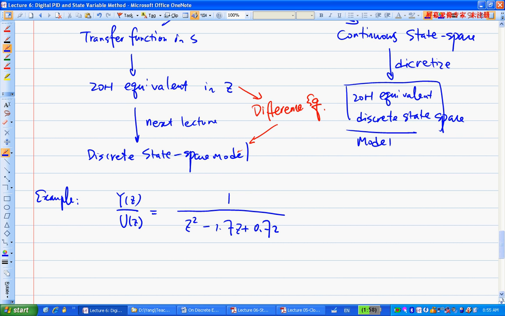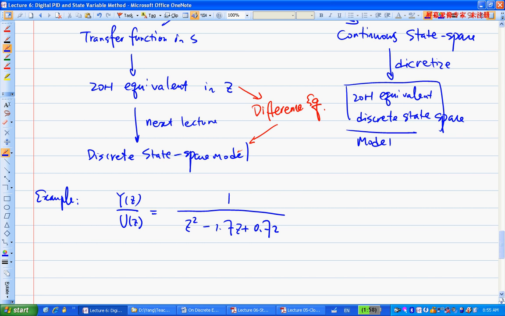So here's a transfer function. Actually, you know what?